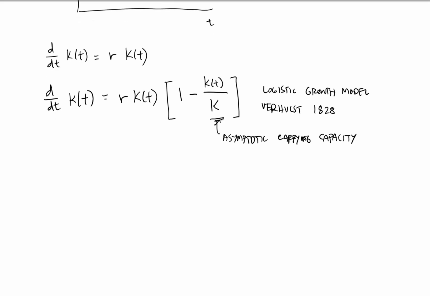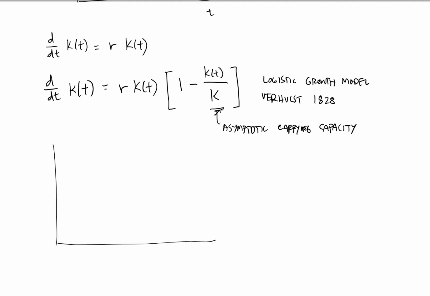If you were to plot this thing over time, t, the population looks like this. It grows for a while, and then it hits some asymptote at the level big K right there. And so we have not unbounded exponential growth, we have bounded growth.